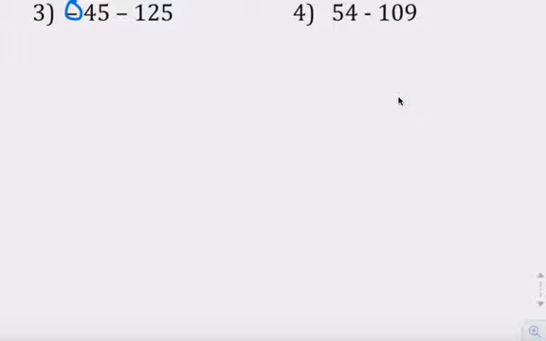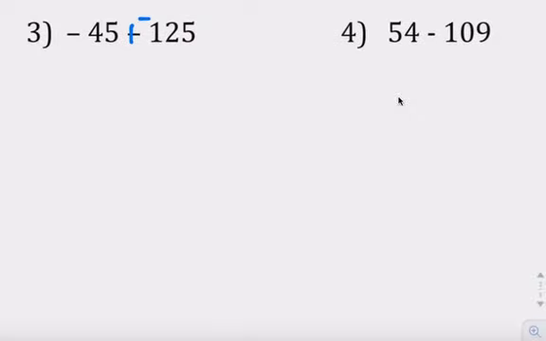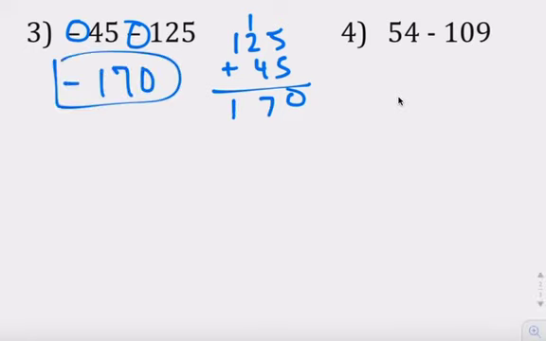If you do additive inverse, it's two negatives, so you add them. 125 and 45. 10, carry the 1. 170, negative 170 is your answer. Negative because the bigger number is a negative.